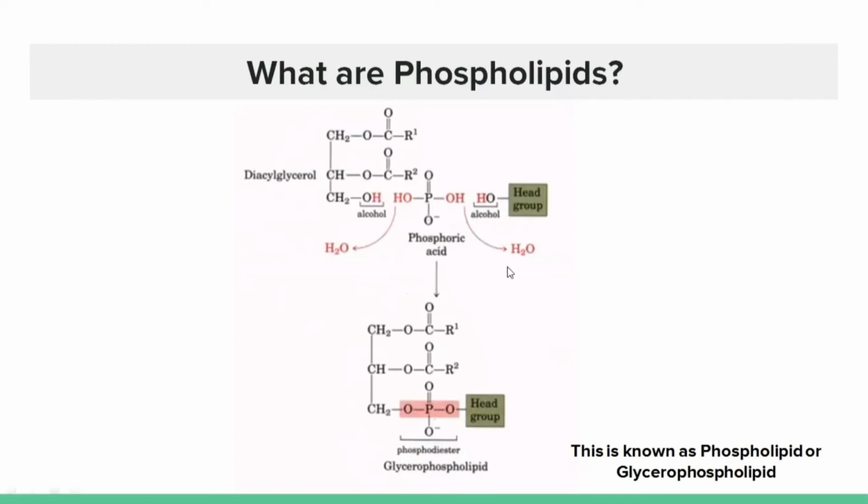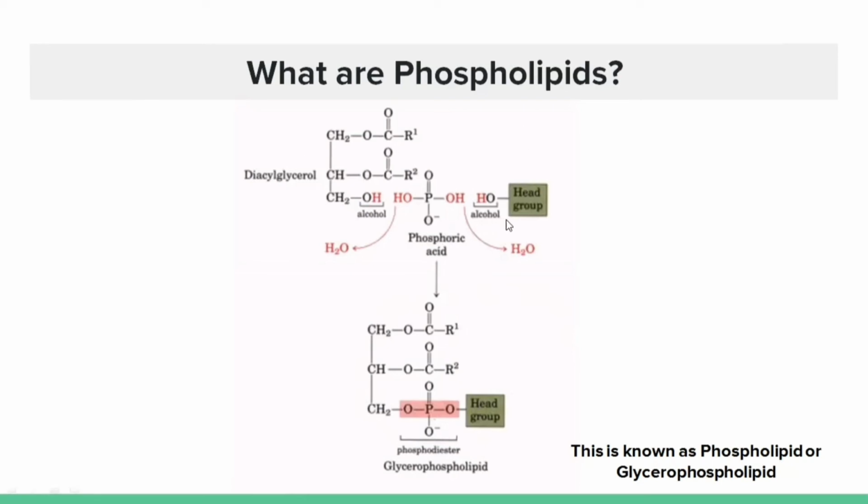This gives rise to variation among these phospholipids. Let's say if this compound is another molecule of glycerol, the compound that results after the reaction is known as phosphatidylglycerol and it is a phospholipid.